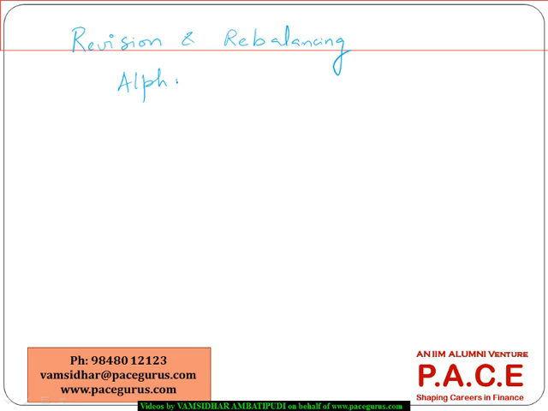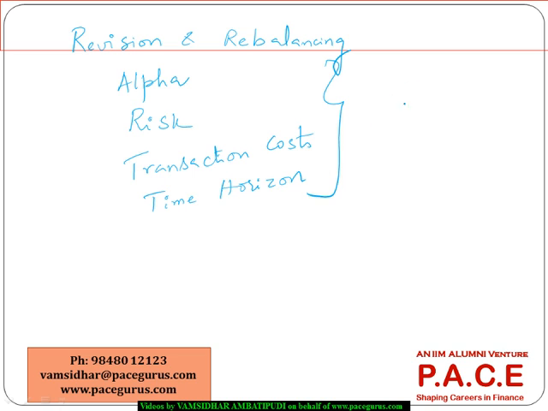Should I decrease the alpha? Should I increase the alpha? What should be my target alpha? So there is some kind of understanding that is happening in the dimension of alpha, in the dimension of risk. From a transaction cost perspective, I'm looking at all of them and even the time horizon.